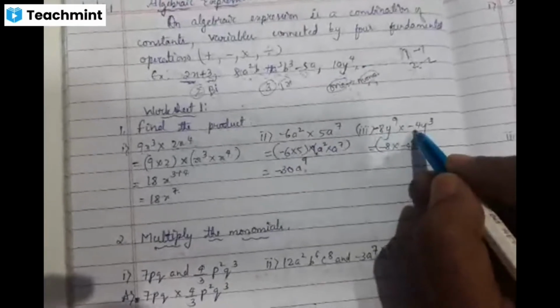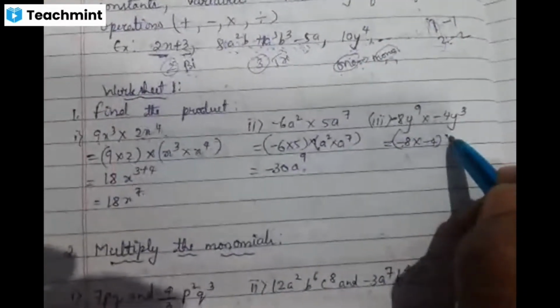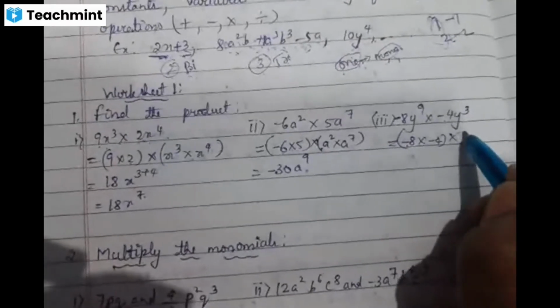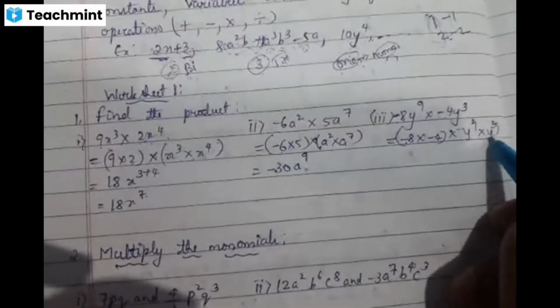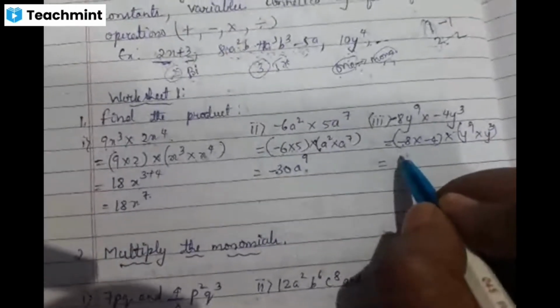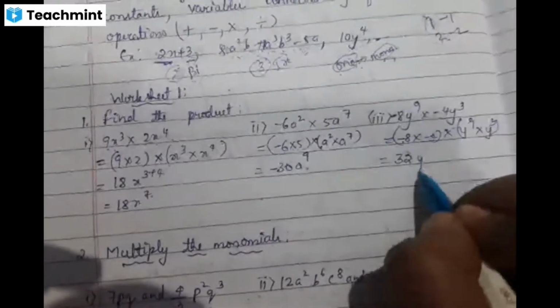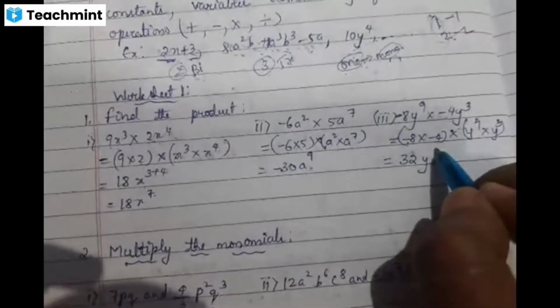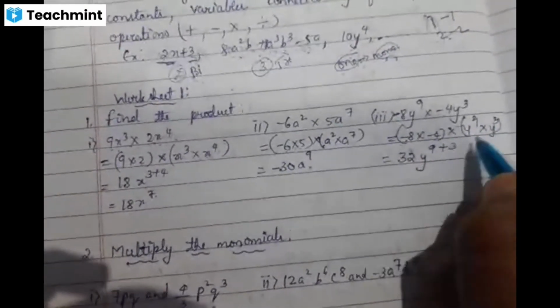We have to keep the constants in one bracket and the variables, what you have, y to the power of 9 into y to the power of 3, which is equal to minus into minus is plus, 8 4s are 32, y to the power of what is the power of y, children? Here you have 9 and here you have 3.